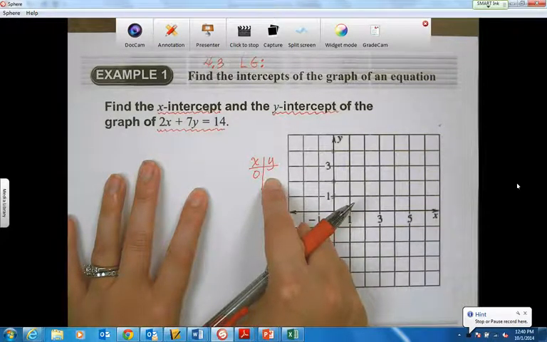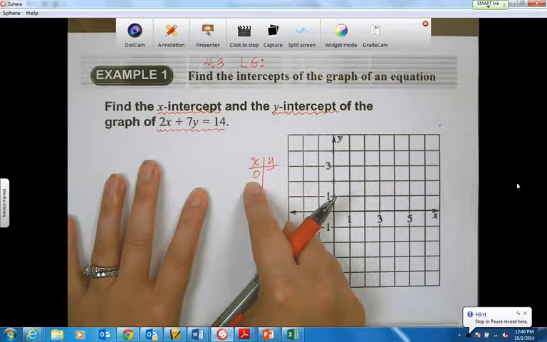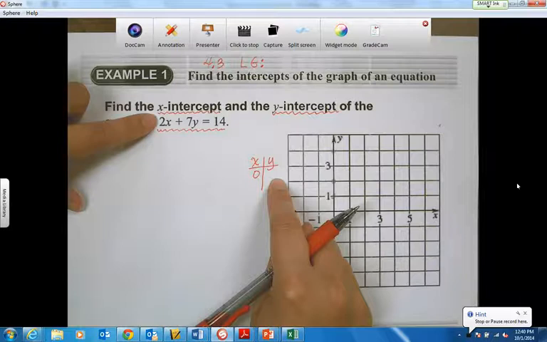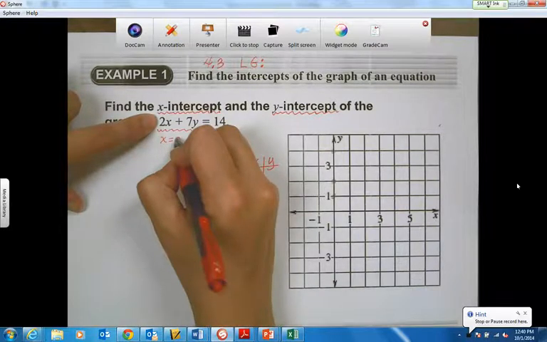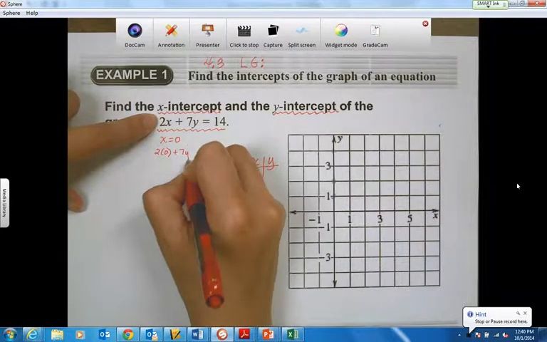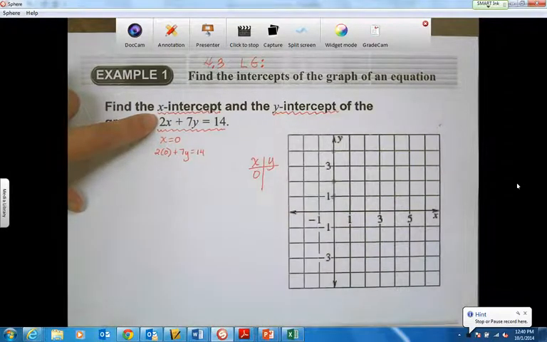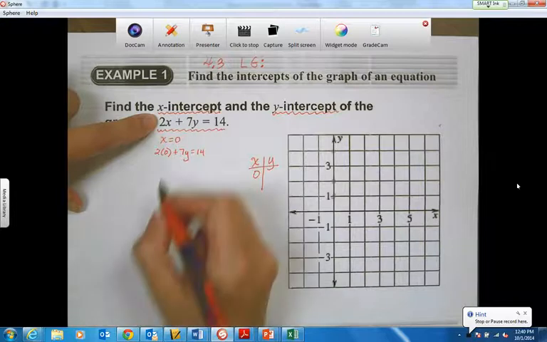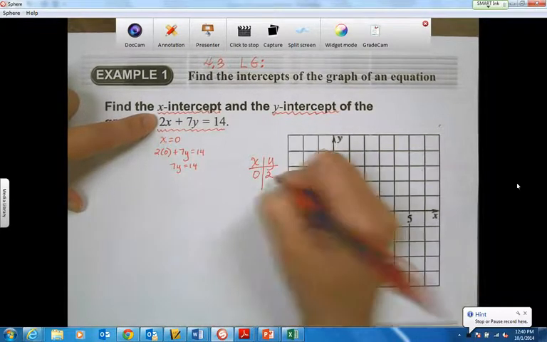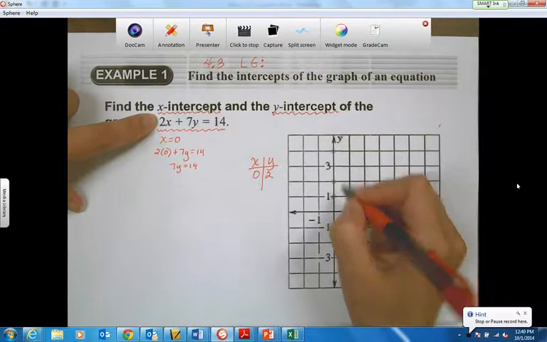So I come up to my equation: x equals 0, so this is 2 times 0 plus 7y equals 14. You should be able to do it mentally from this point. So y is 2. The y-intercept here is 2, and I'm going to graph that point and label it. This is called the y-intercept.